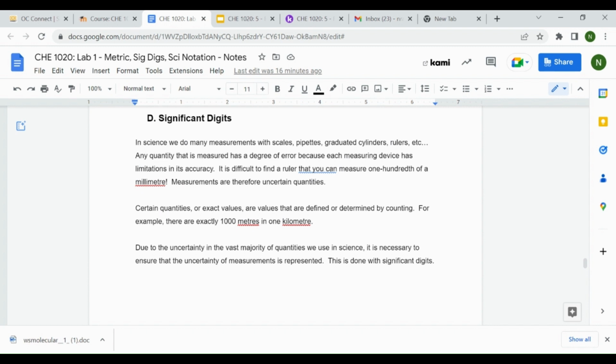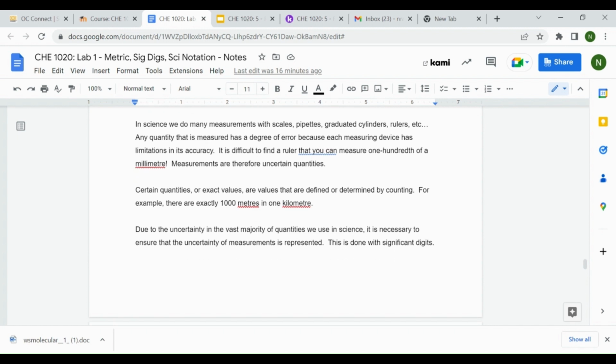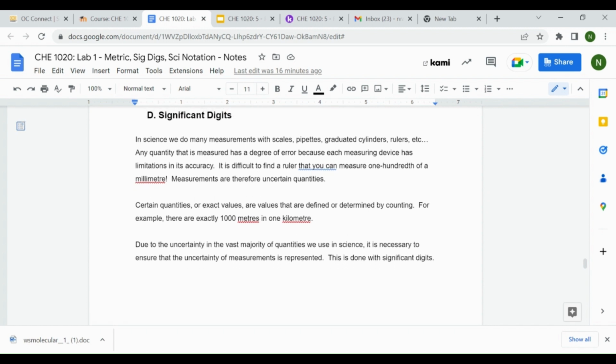Significant digits. All right. So significant digits give us an idea as to how accurate a measurement is. For example, if you are measuring something with a meter stick, a stick that's exactly 1 meter in length, but it has no markings on it, then really you can only give an estimate as to the number of meters a particular distance is.